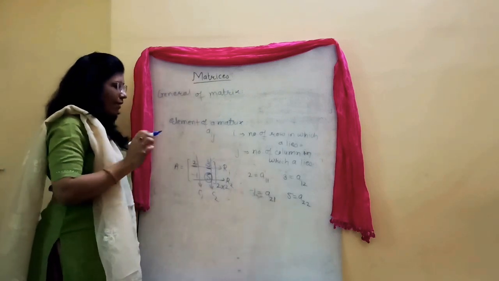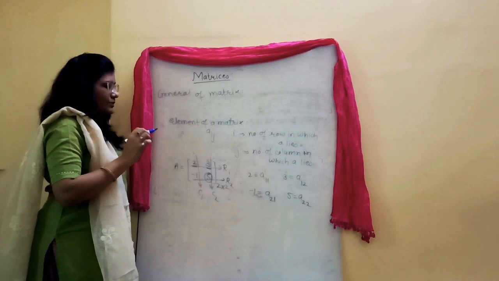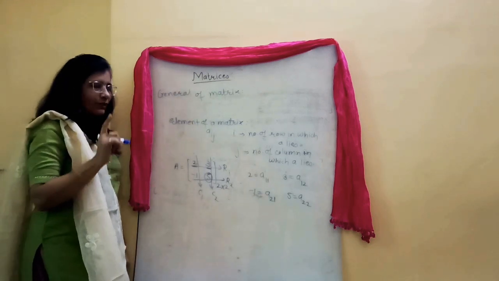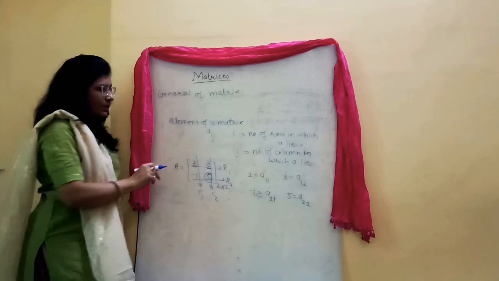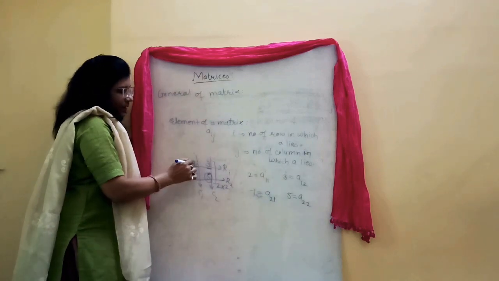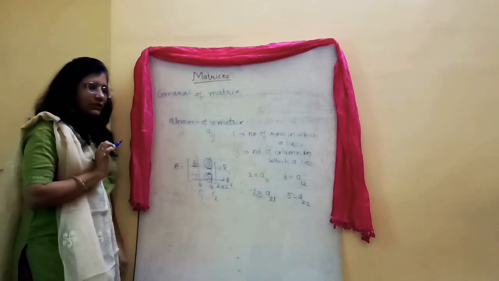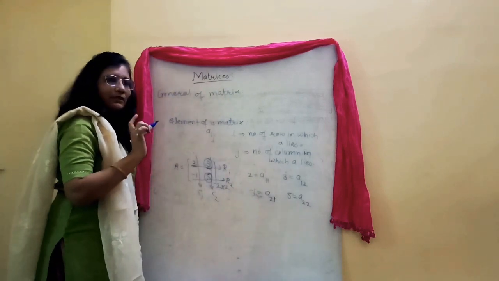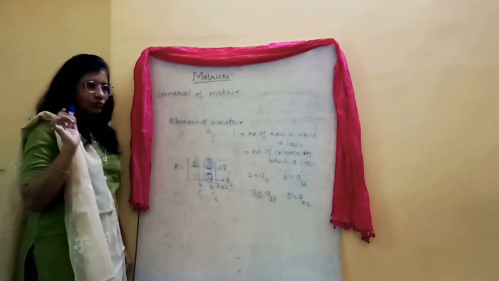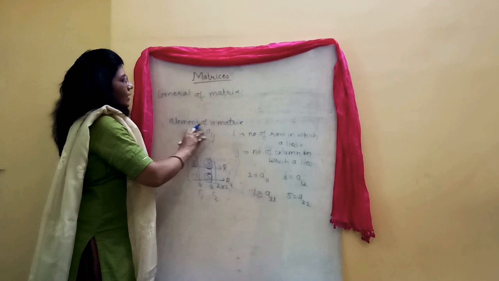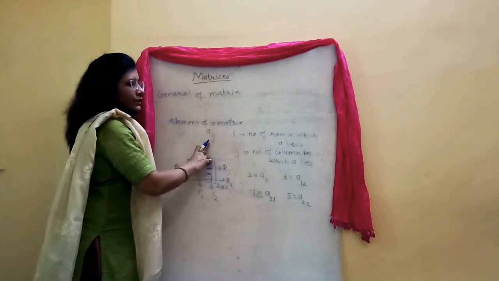If I say find the number which represents A12, A12 means first row, second column, so this number is there. So 3 is representing A12. Understood? Got it? Very nice. So an element of a matrix is generally denoted by Aij.